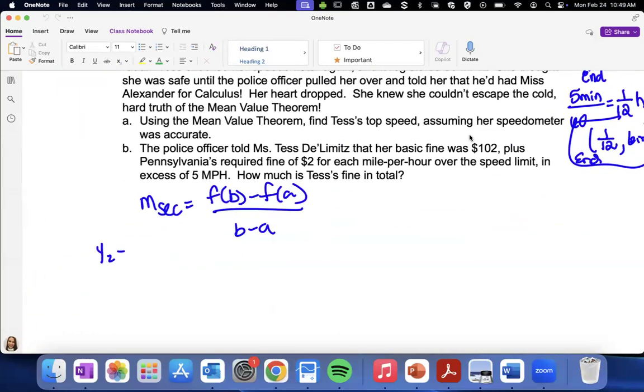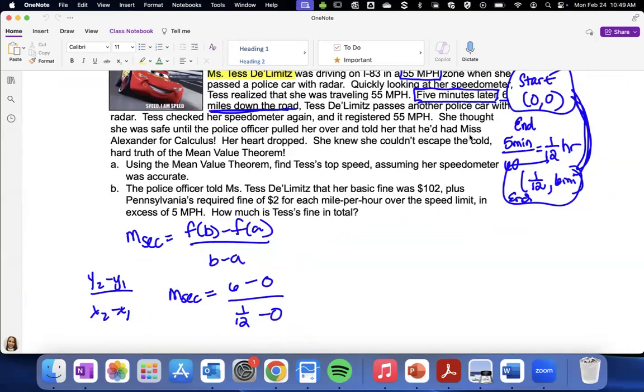So we're going to plug in 6 minus 0. I'm subtracting these two first, all over my x's, 1/12 minus 0. So 6 over 1/12 becomes a reciprocal. 6 times 12 is 72.